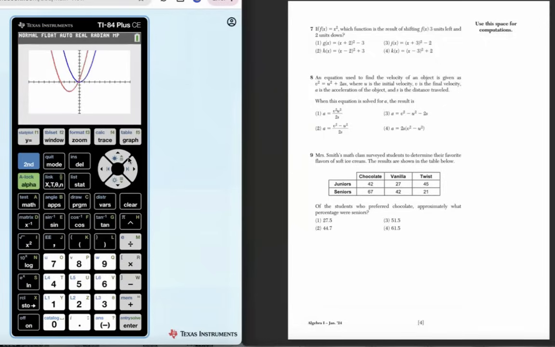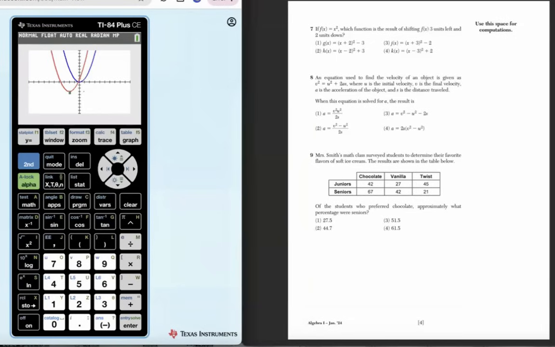This clearly moves down 3 units and to the left 2 units. You can see that because the vertex is right here. So this is actually minus 2, 2 to the left, and then this is minus 3 right here. So that's what lets us know that this is not the right answer.